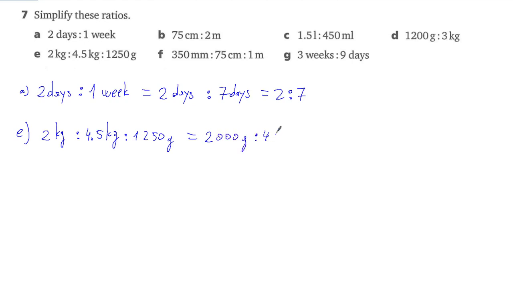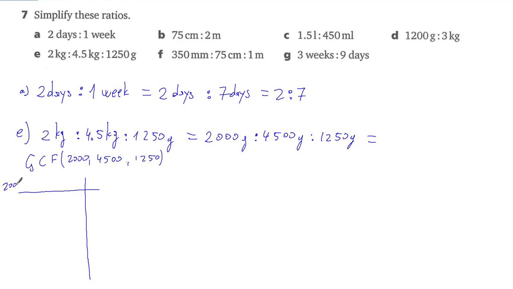So 2,000 grams to 4,500 grams to 1,250 grams. Now the only thing left to do is to try and simplify these numbers. So if you try to find the greatest common factor of 2,000, 4,500, and 1,250, let us try and find this one now.